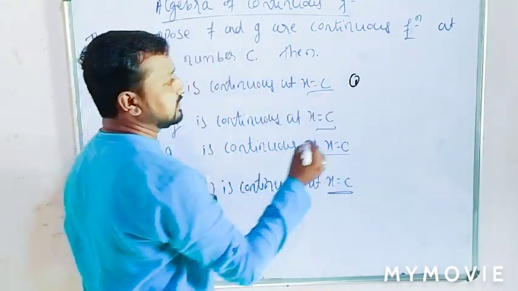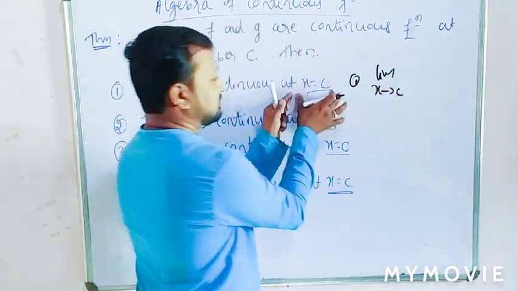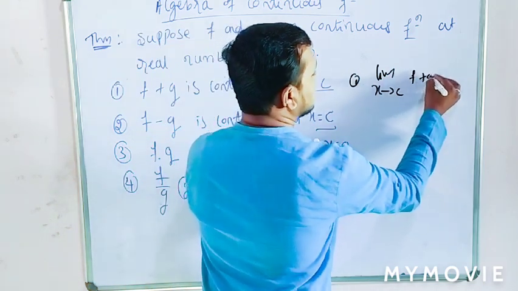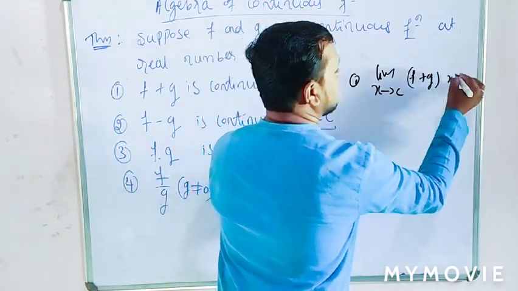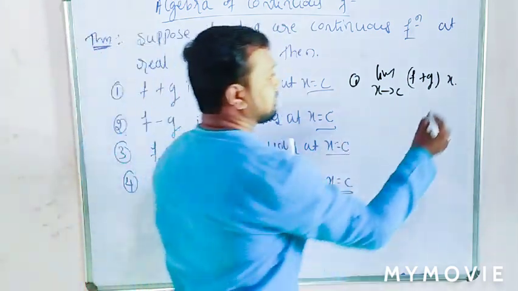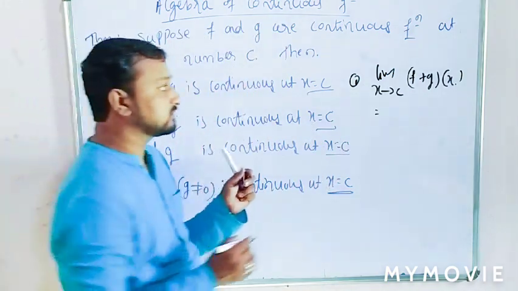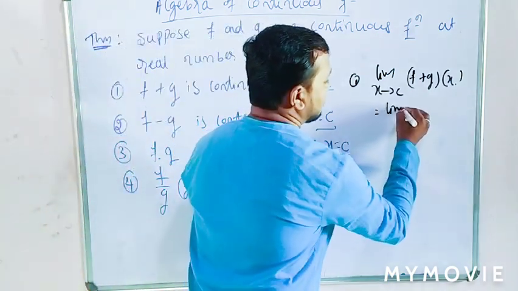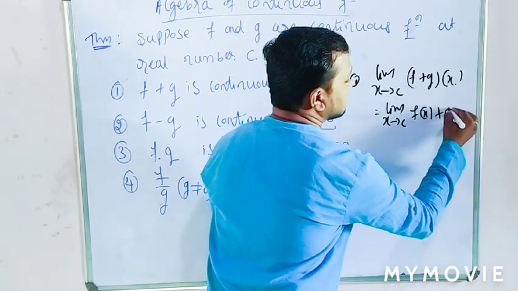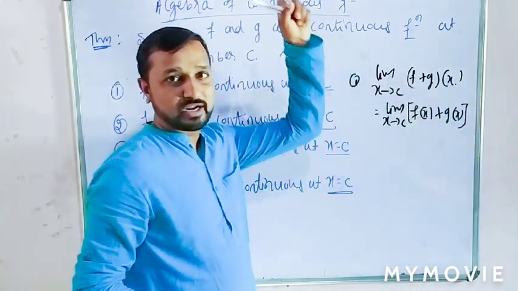For f plus g, I can take the limit of x tends to c of f plus g of x, which is equal to the limit of x tends to c of f of x plus g of x. Already we know the algebra of limits.